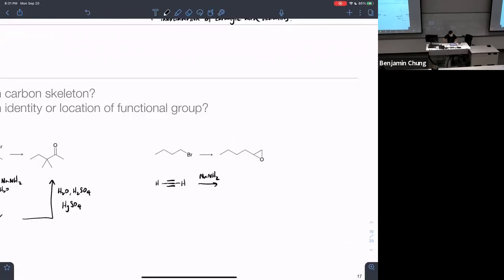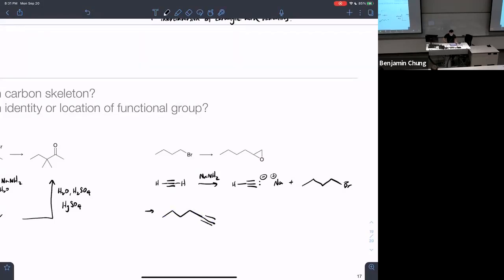One equivalent is necessary, so you don't have to show that explicitly, to generate this carbanion. That sodium is understood to be there. And then you can react it with your alkyl halide, and that gives you your 1, 2, 3, 4, 5, 6 carbon skeleton.